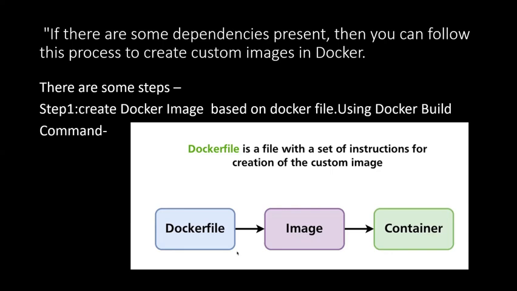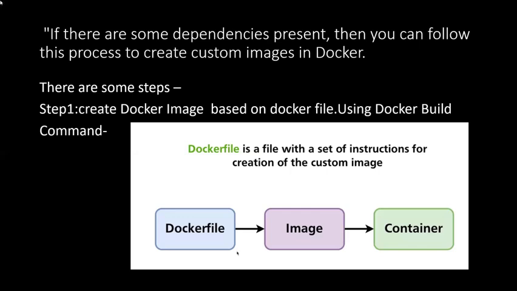But if I want to run a program that is an interaction between the client and the database, then here is the dependency. The Mongo image is dependent on your user image, and the Mongo image is also dependent on the base image that is available in the Docker Hub.